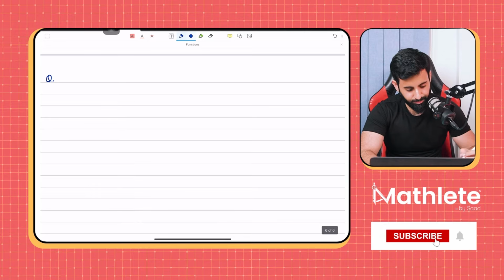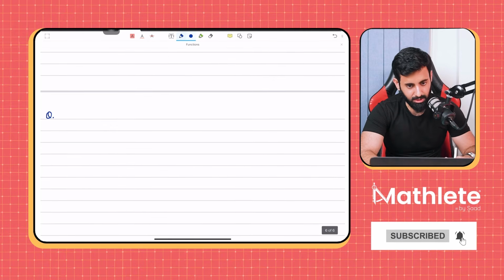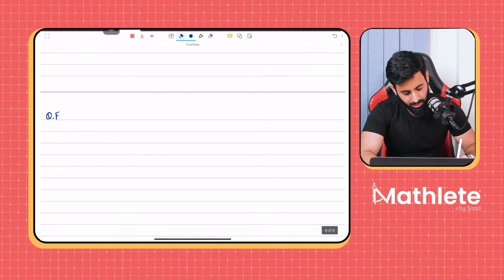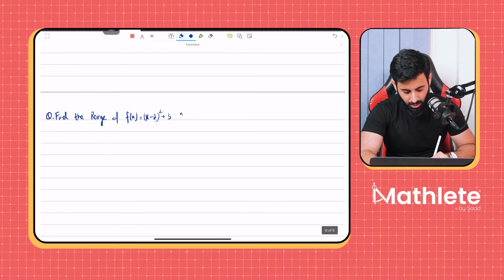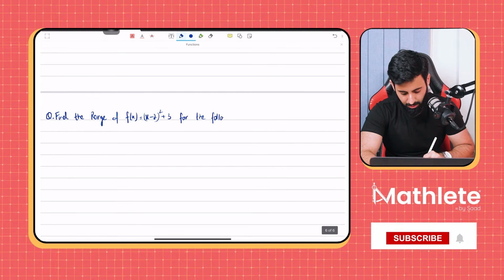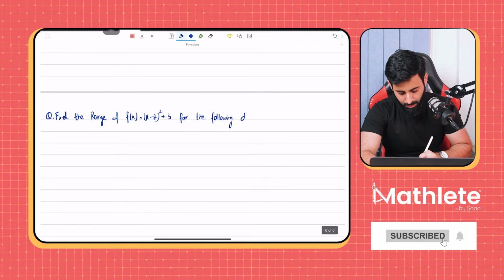Let's see. Here's a question which says: find the range of f of x equals (x minus 2) the whole thing squared, plus 3, for the following domains.